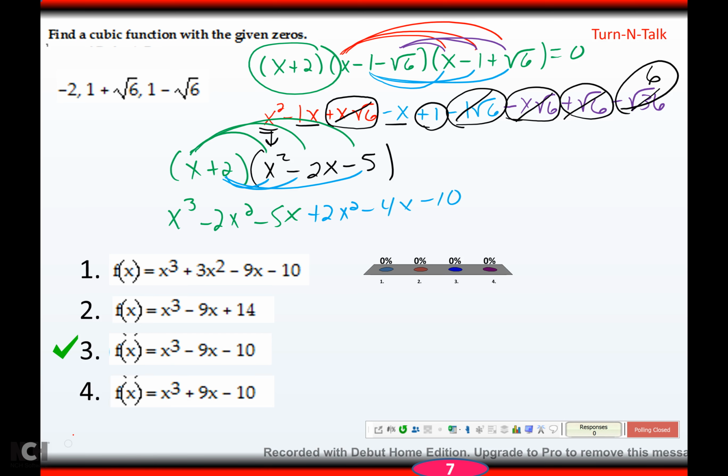Combine like terms, and I have my function. There's no other cube, so x cubed, negative 2x squared, positive 2x squared, cancel. Negative 5x, negative 4x is negative 9x, and minus 10 drops. Okay?